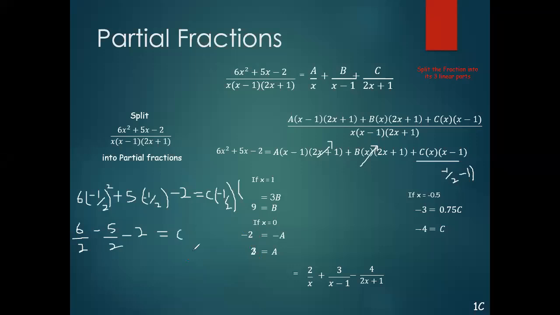C times, now we have minus half here, and then at this side too, we have negative 3/2, okay? So negative is positive, and then 1/2 times 3/2 will be 3/4, okay? Good, which is 0.75.